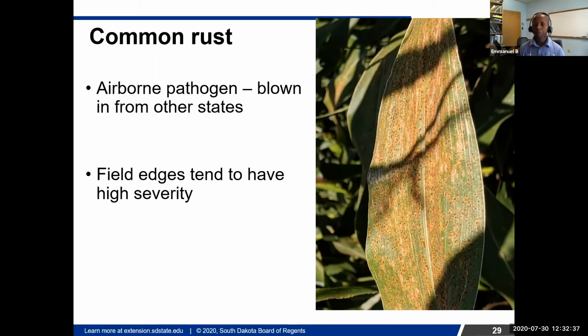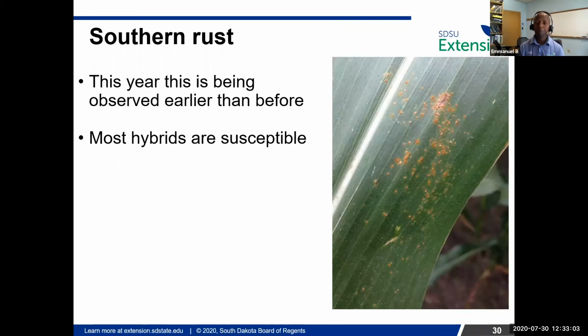But usually when you go inside the field, rarely do you see such a high level of common rust. So that's why we feel it's a negligible disease. It doesn't really cause a significant yield loss for us to worry about, except where you have a susceptible hybrid and then you're having this sort of higher severity, it could take out some yield in the crop.